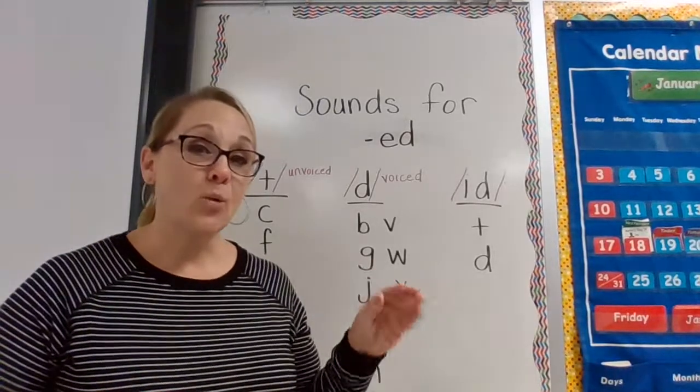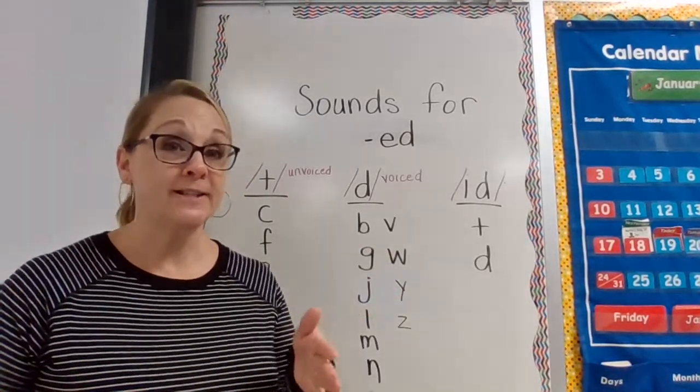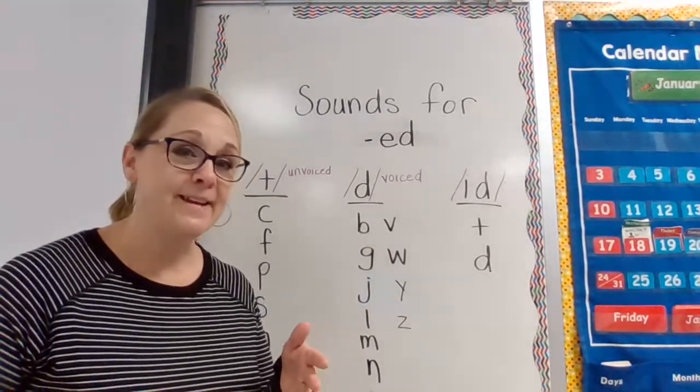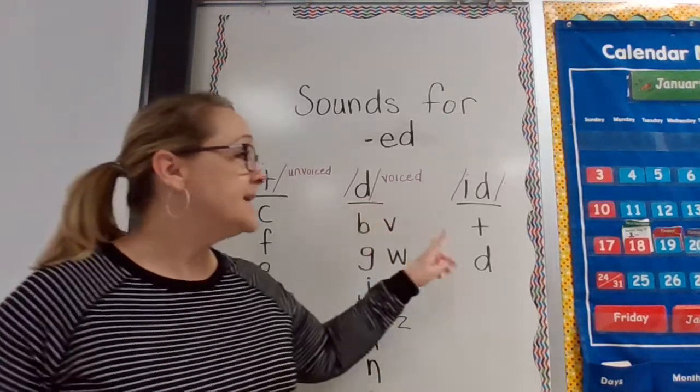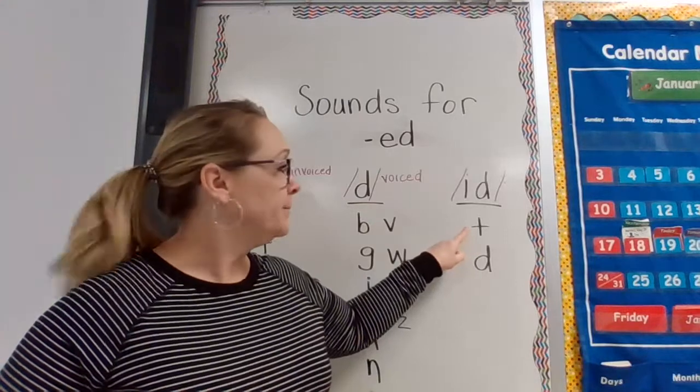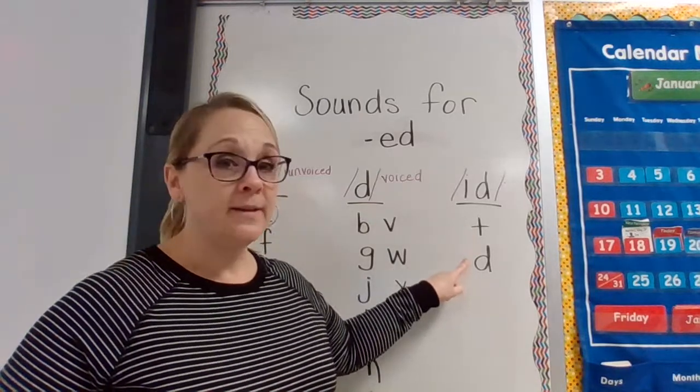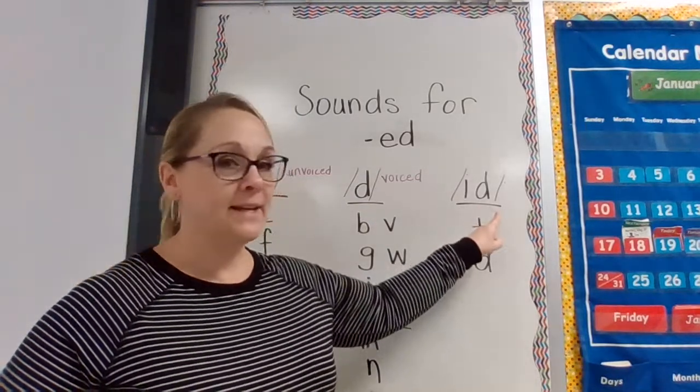If the consonant before the inflected ending ed is voiced, you're going to make the d sound. And if the word ends in t or d, then ed is going to make the id sound.